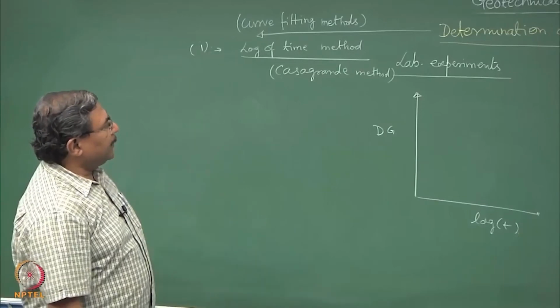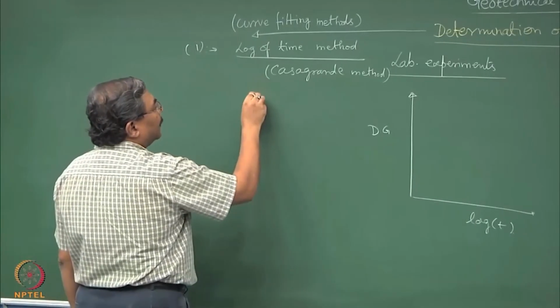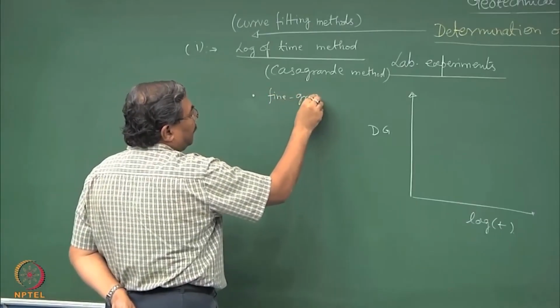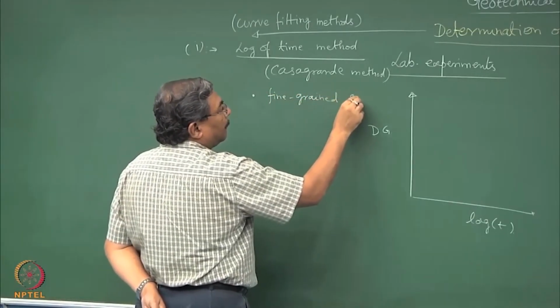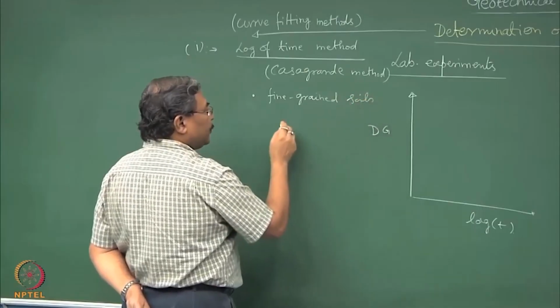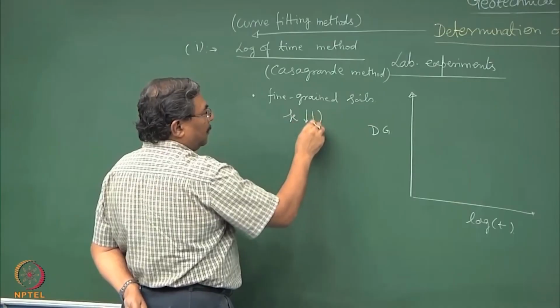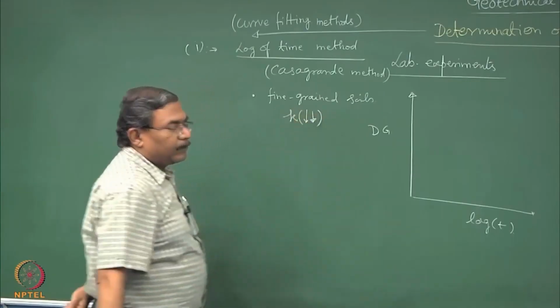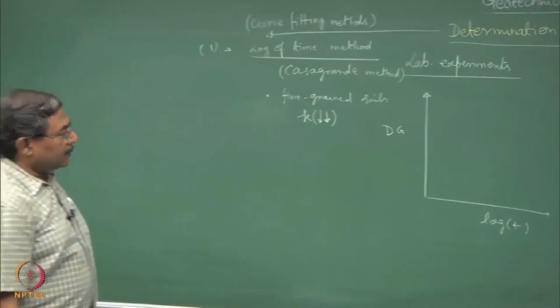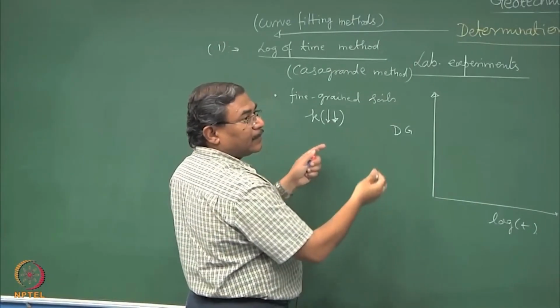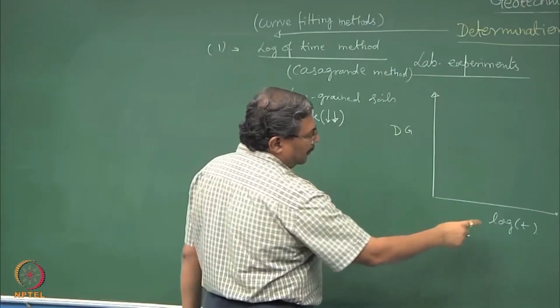Because this method is normally used for fine grained soils for which the K is extremely small and hence it takes lot of time for the soil mass to consolidate. So, that is the reason we plot it on log scale.